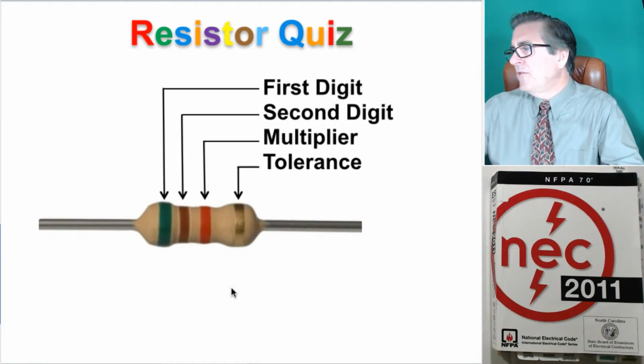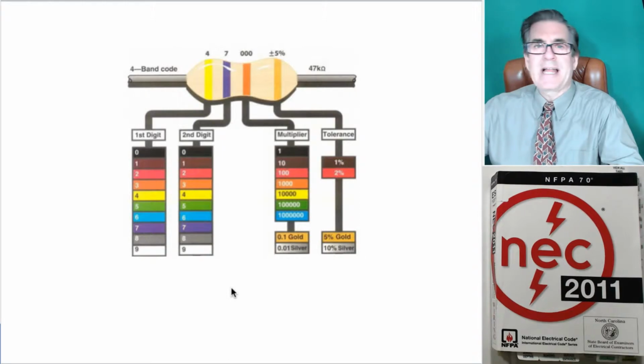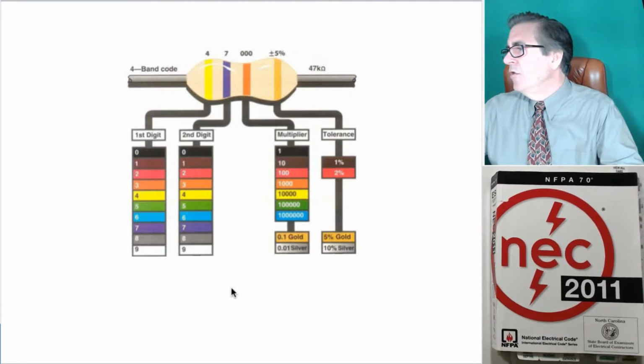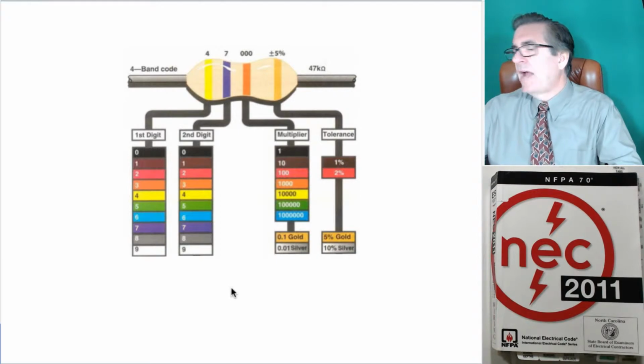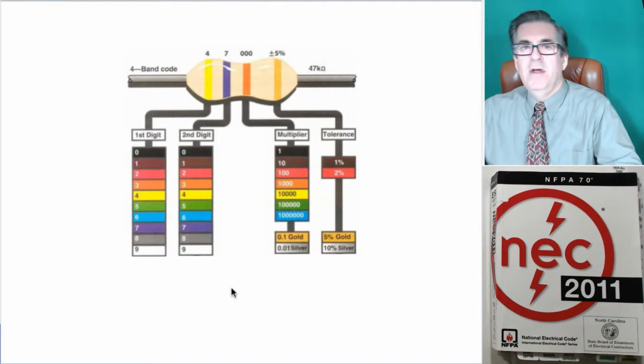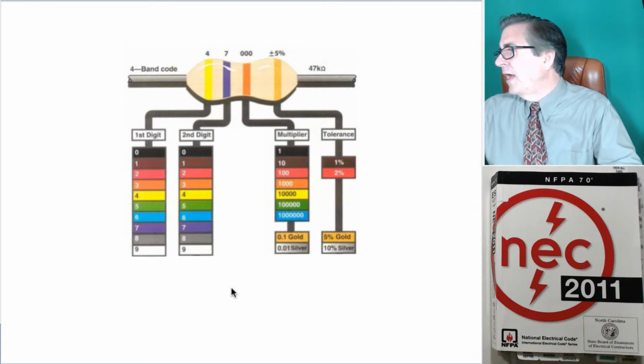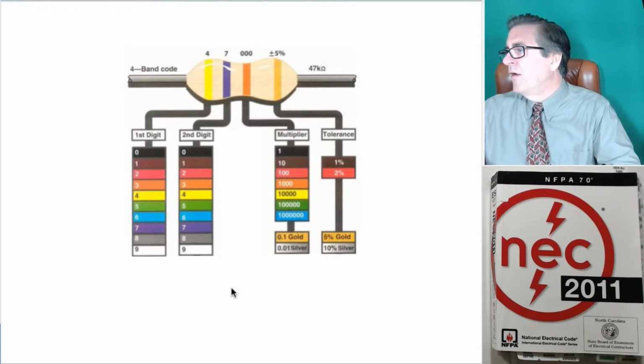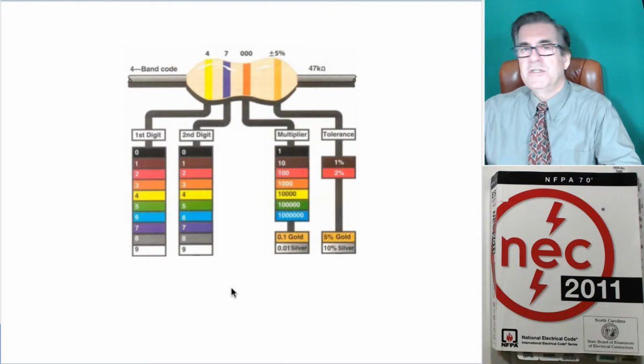Okay, so let's go a little further with this, and I'll show you exactly what we're talking about here. If you look at the first digit on the far left, you can see it has values based on different colors. So 0 is black, 1 is brown, 2 is red, 3 is orange, and so forth. The first value there is yellow, which tells me that's a 4.